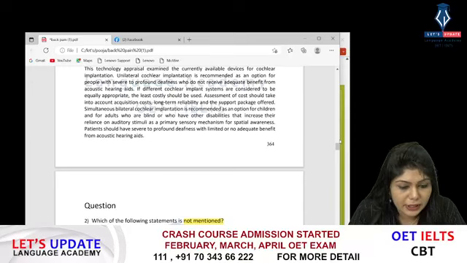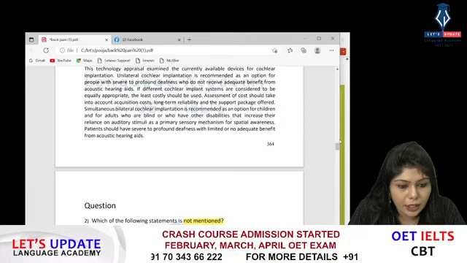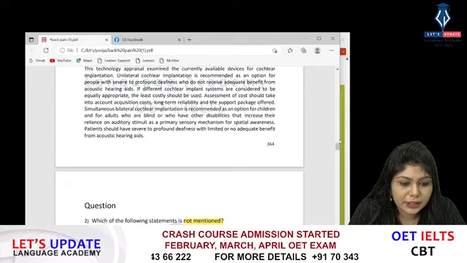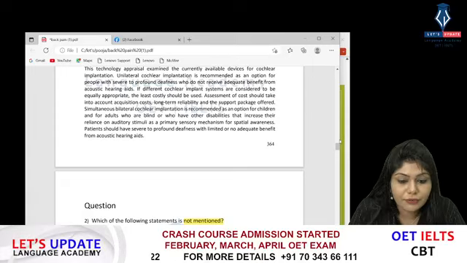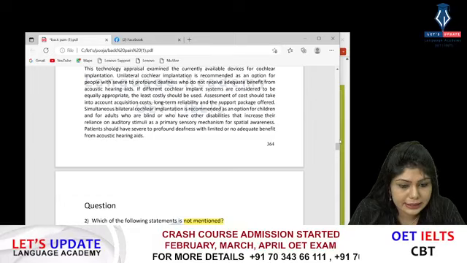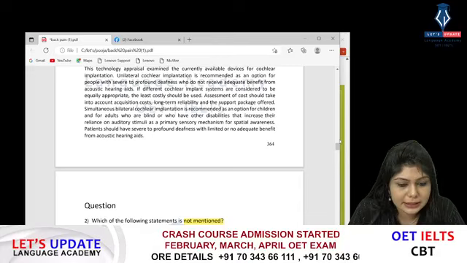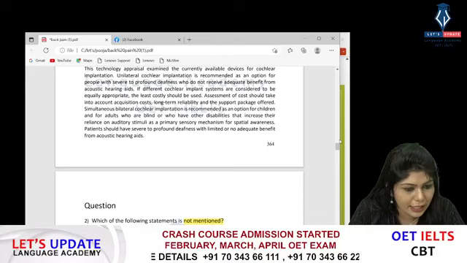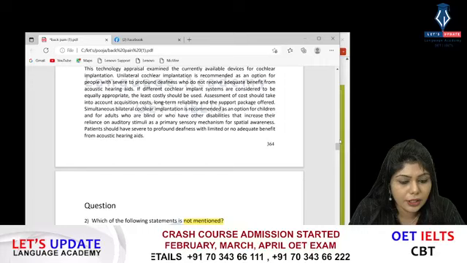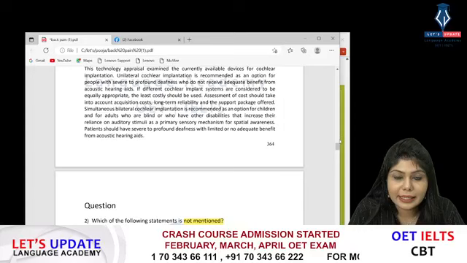Assessment of cost should take into account acquisition costs, long-term reliability, and the support package offered. Simultaneous bilateral cochlear implantation is recommended as an option for children and for adults who are blind or who have other disabilities that increase their reliance on auditory stimuli as a primary sensory mechanism for spatial awareness. Patients should have severe to profound deafness with limited or no adequate benefit from acoustic hearing aids.